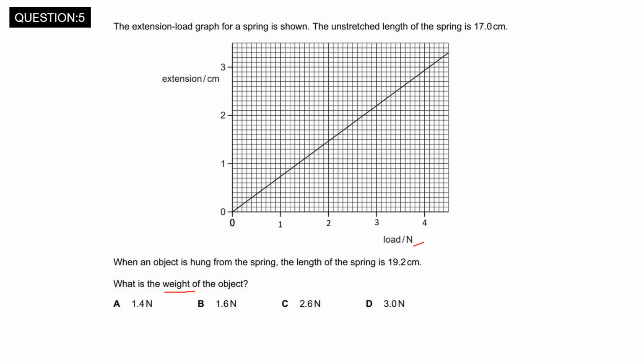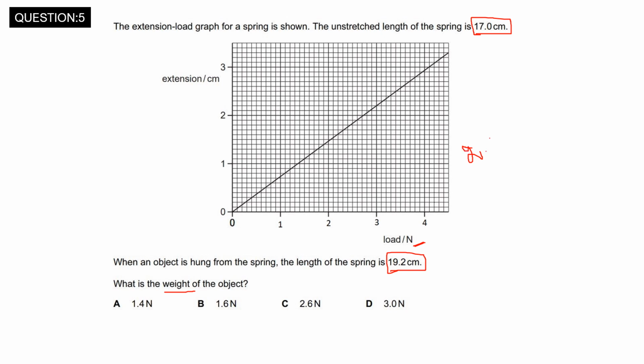So how to find the load? They have given the length of the spring after some load. Initially the length of the spring is 17.0 centimeter. So 19.2 minus 17 is 2.2 centimeter.